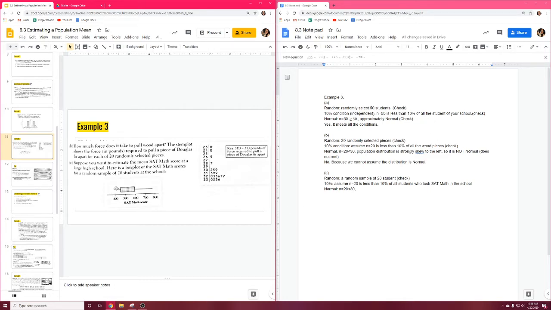Since they don't have strong skewness or outliers in this box plot, they do not have any outliers. Remember we said if we have outliers, we'll have stars. On the right over here, we'd probably have stars here and there, but this one does not have any outliers.